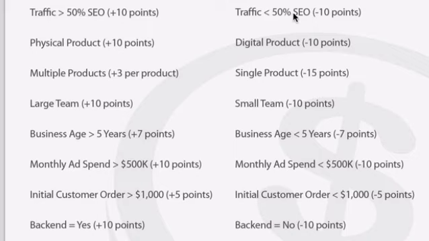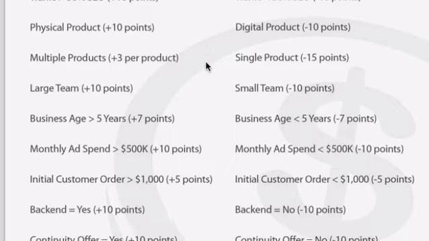If it's less than 50%, we take away 10 points. If they're selling a main physical product, it's plus 10 points. If it's a digital product, it's minus 10 points. If they sell more than one product, like within the upsell, downsell, all that, so it's not just one product with the basic funnel, we add 3 points for each product that they're selling. If it's a single product, we take away 15 points.